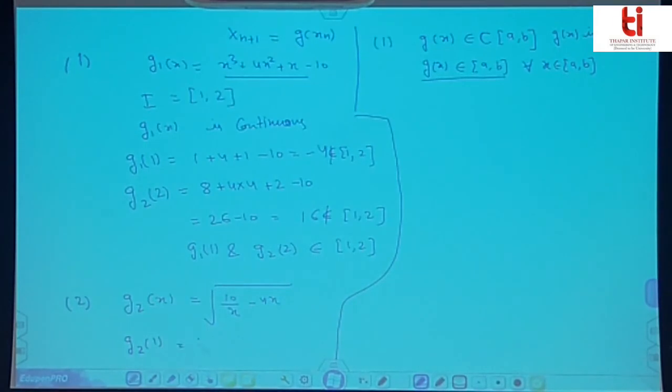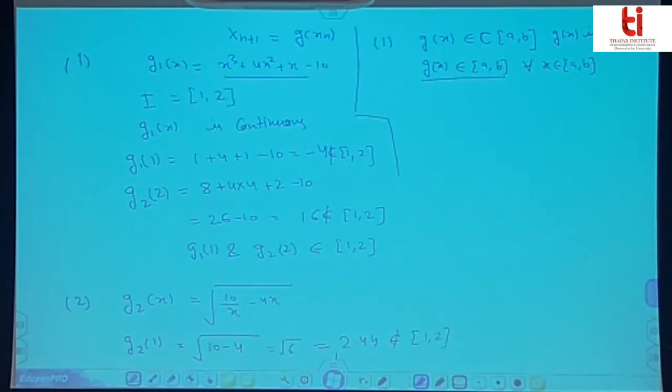It is coming out to be square root of 10 minus 4, that is under root 6, and the value of under root 6 is 2.44. This doesn't belong to 1 to 2.